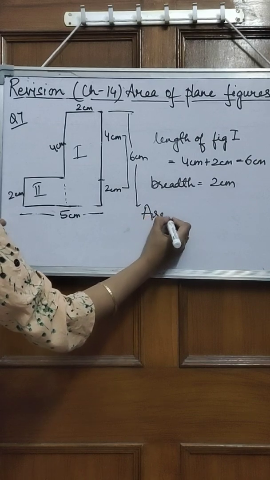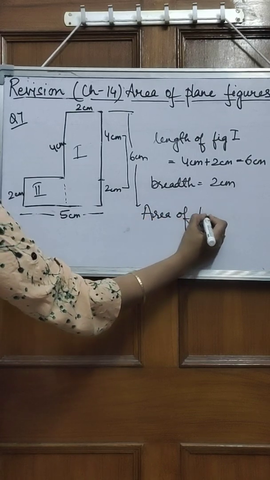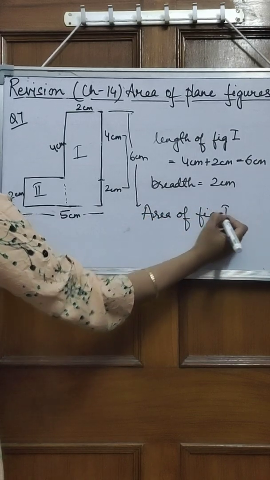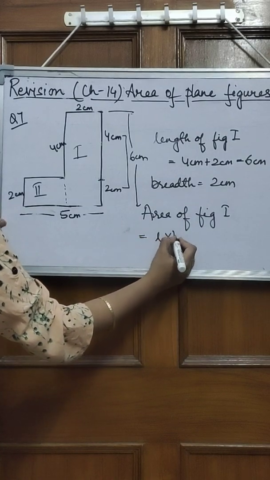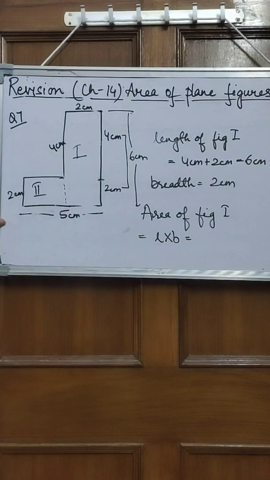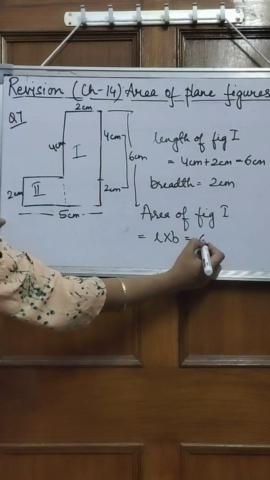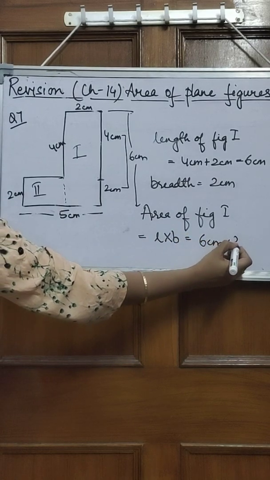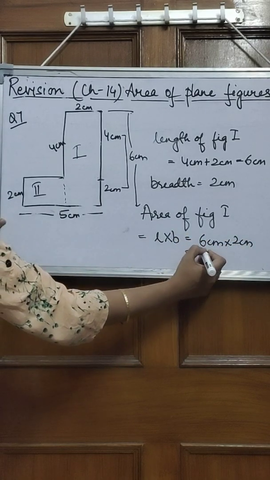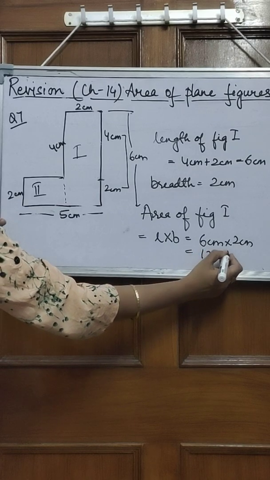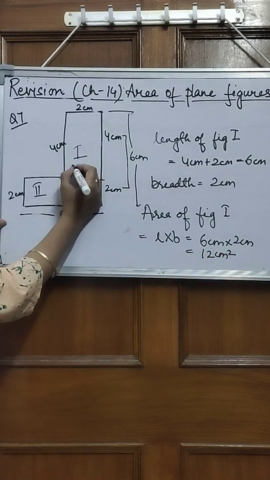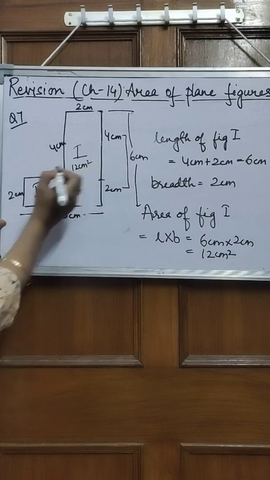So area of figure 1 is L into B. So L into B means 6 centimeter into 2 centimeter, and that is equal to 12 centimeter square. So this is 12 centimeter square.